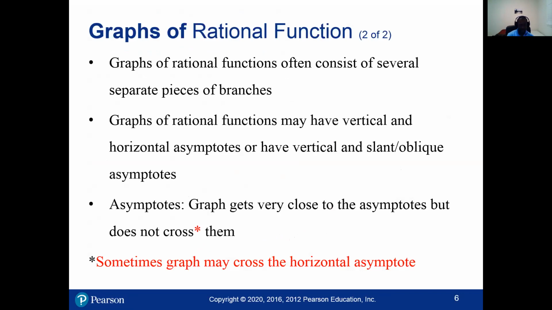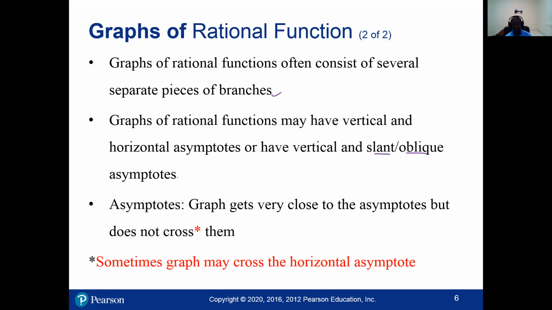Okay, now when we talk about graphs of rational functions, there are certain things we should know that I want to bring out. Graphs of rational functions often consist of several separate pieces or branches, okay? And the graphs of rational functions may have vertical and horizontal asymptotes, or vertical and then slant or oblique asymptotes.